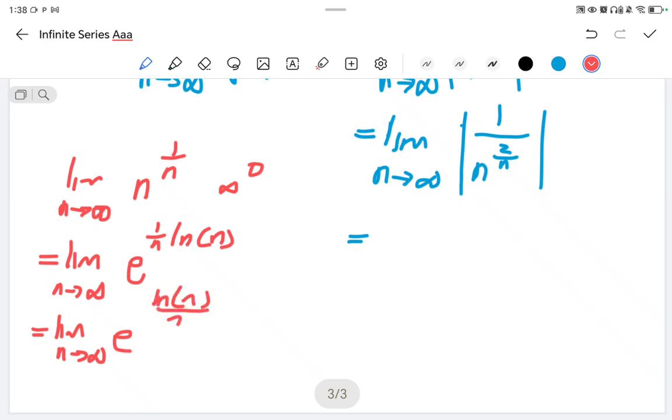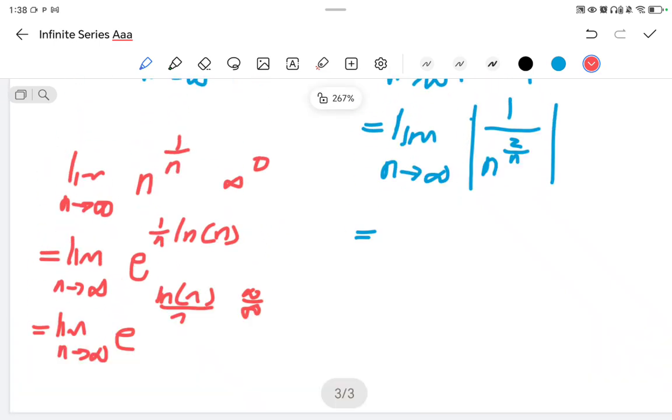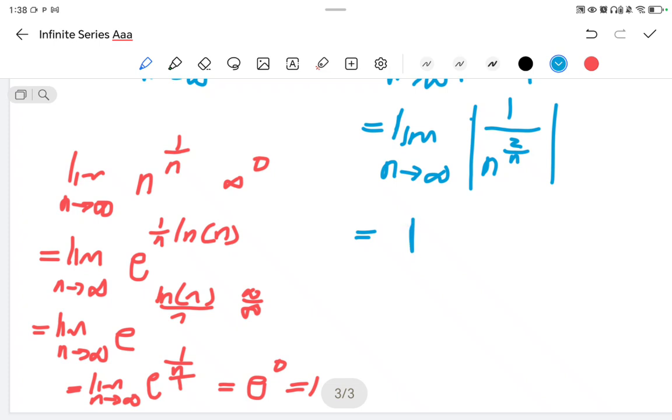Now if I plug in infinity, I get infinity over infinity. Now this is L'Hopital's rule. If I differentiate, according to L'Hopital's rule, I get e to the (1 over n) divided by 1. If I plug in infinity here, I'll get 0, and this will be e to the 0, which is 1. The denominator here is 1, so this will be 1. You agree, right?